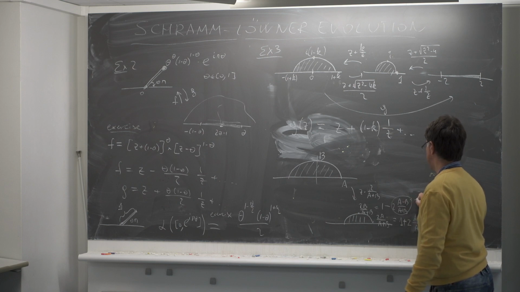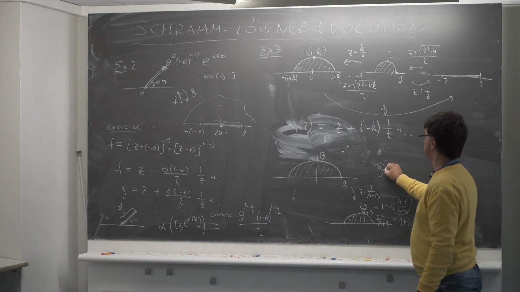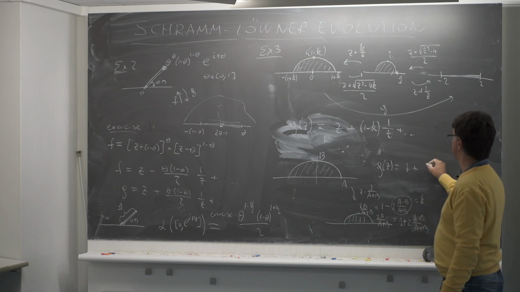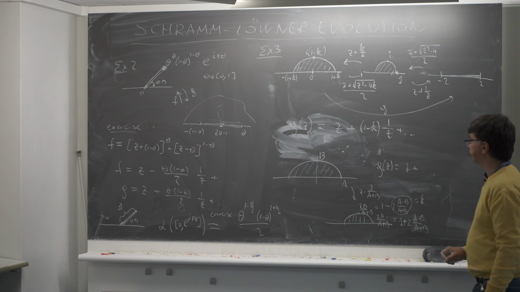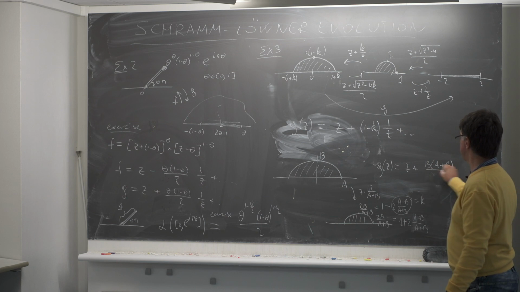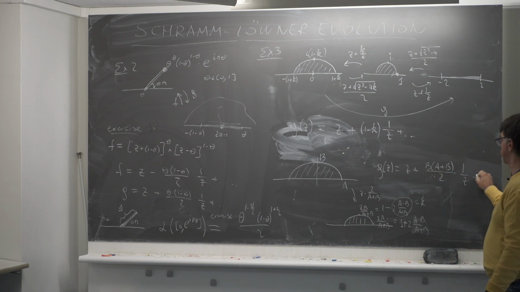So this plays the role of k. So in this case you can also write g of z, and I again leave it for the exercises, and I think it will be b times a plus b over 2, 1 over z plus so on.